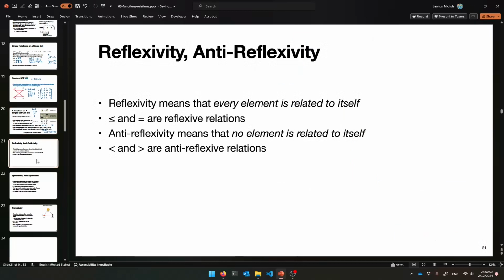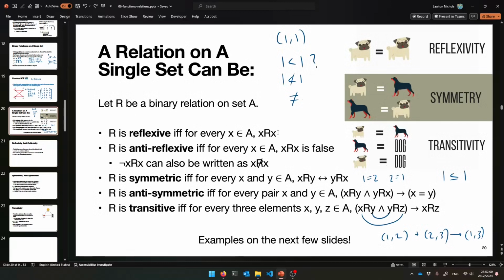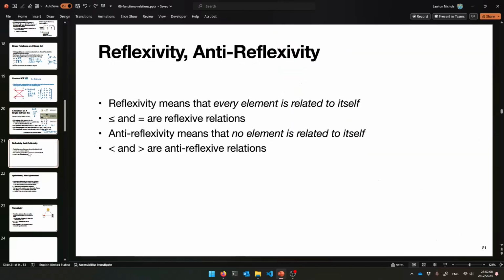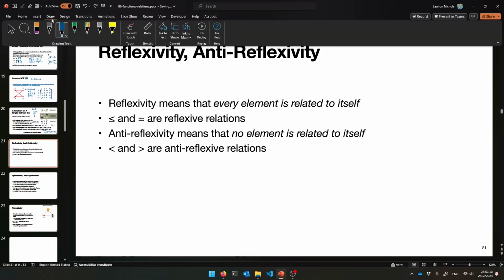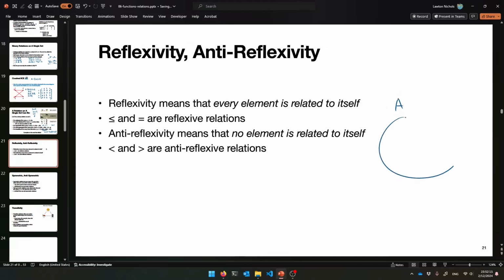All right, so let's talk about reflexivity and anti-reflexivity. If you stare at the definitions long enough, what reflexivity means is that every element is related to itself. If you have some relation on a set A, then every element better be related to itself. So here's an example. Let's say that we have a set A and we're going to define a relation on this set A. Here are some example elements in A. These arrows define the relation.